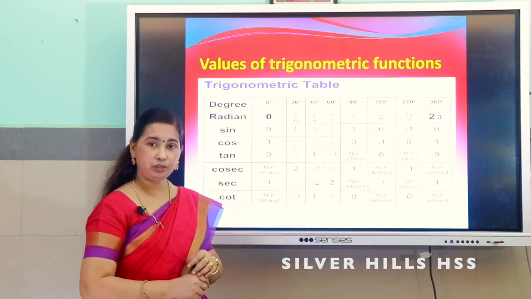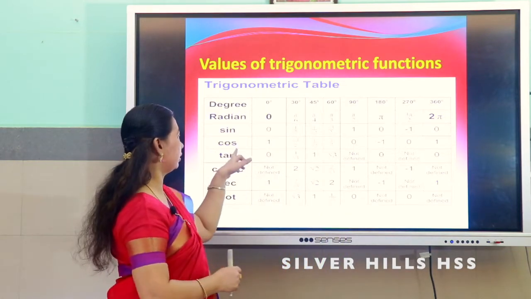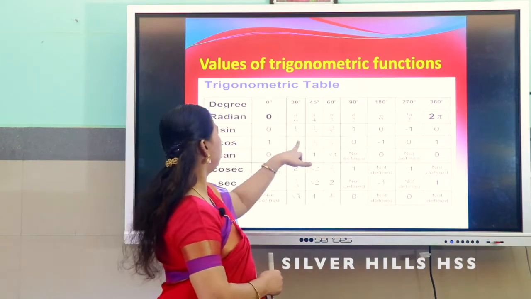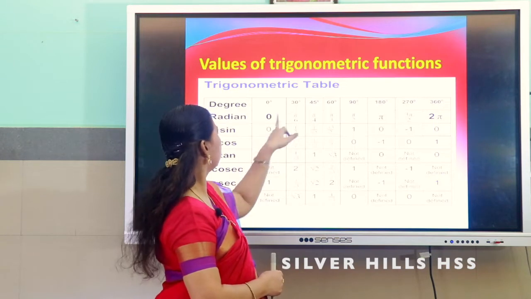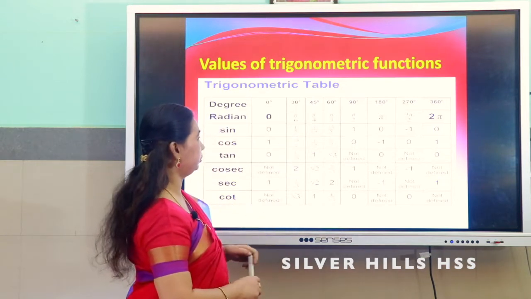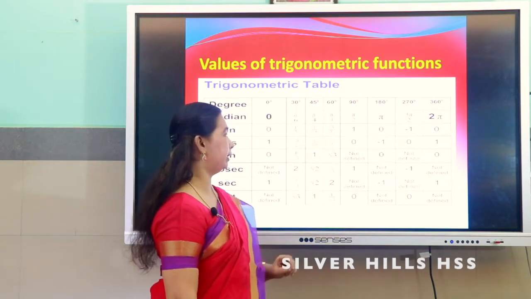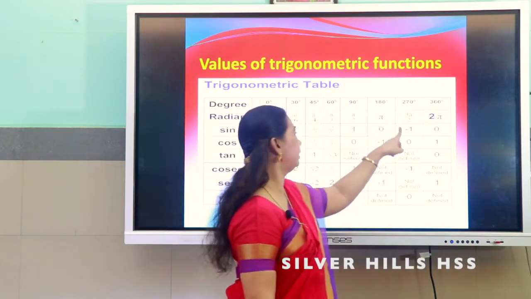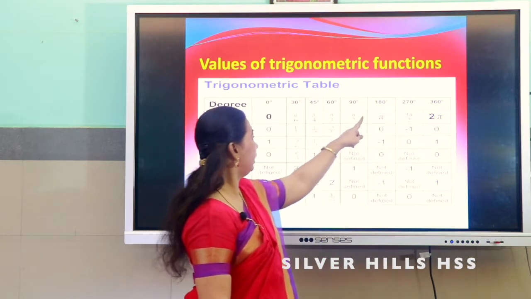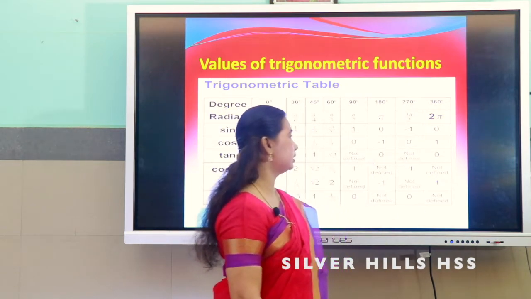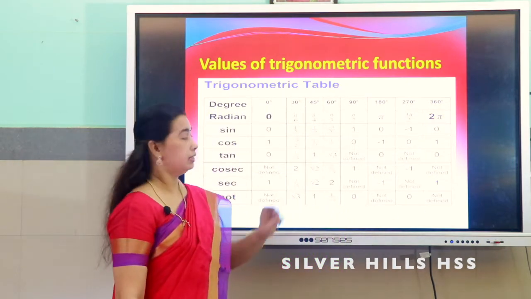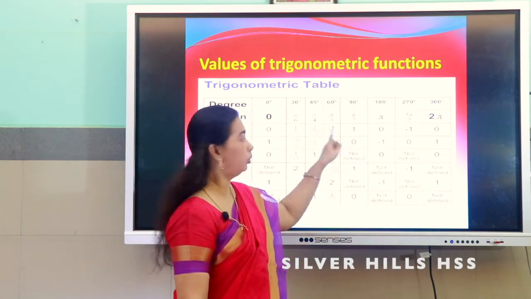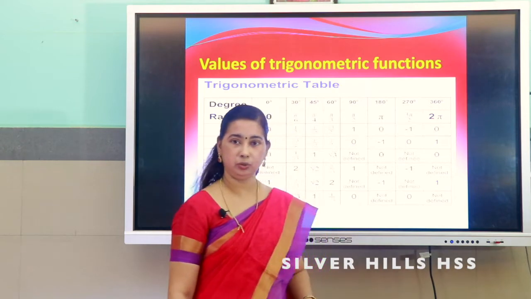Whereas in the case of cos, the values are: cos 0 is 1, cos 30 is root 3 by 2, cos 45 is 1 by root 2, cos 60 is 1 by 2, cos 90 is 0, cos 270 is 0, cos 180 is minus 1, cos 360 is 1. We can see here cos 90 is 0, cos 270 is 0.